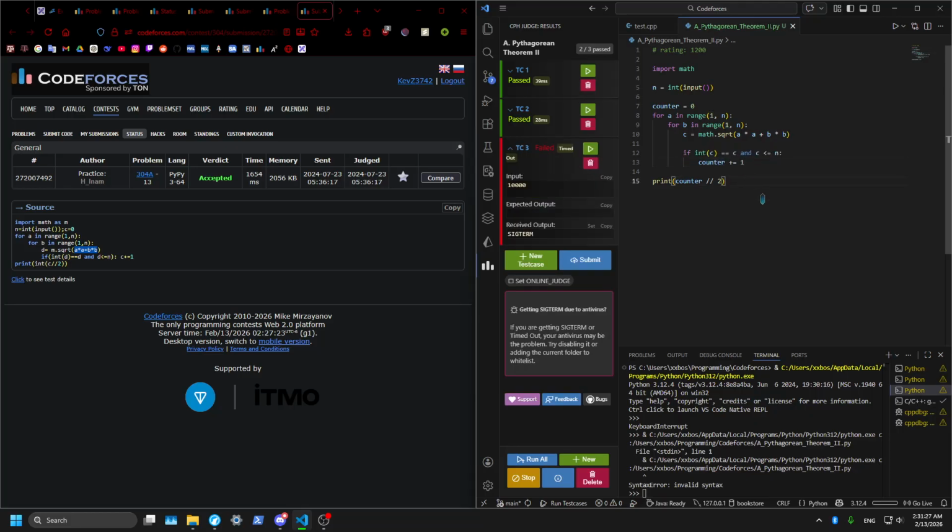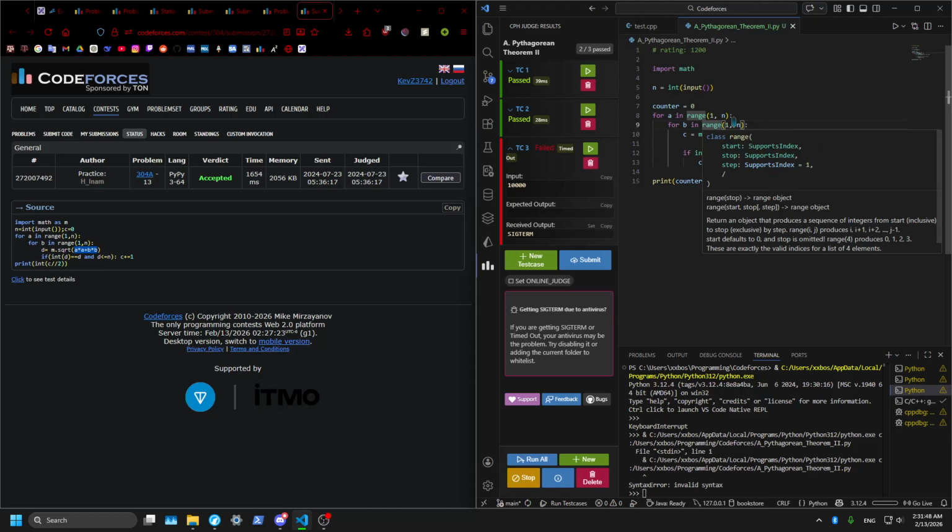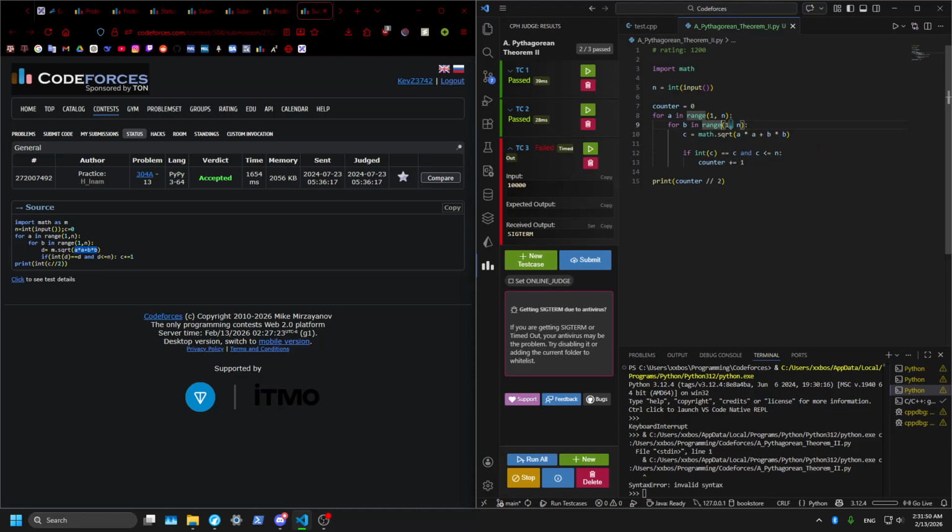Now what I don't understand is oh, because of this. He divides it by 2 because of this. He starts at. Then isn't it very valid to do a plus 1 and then counter? Isn't it very valid to do this?